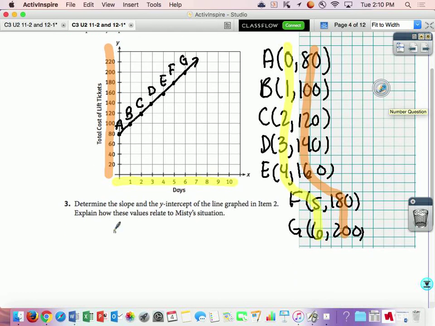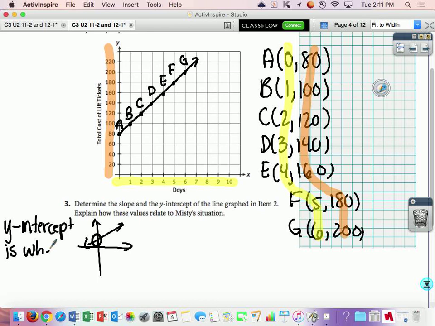So the y-intercept is going to be where it hits the y-axis. So if I have my little diagram here, I've got a line on my coordinate plane. This is my y-intercept. The y-intercept is where it hits the y-axis. So the y-intercept is when the line crosses the y-axis.